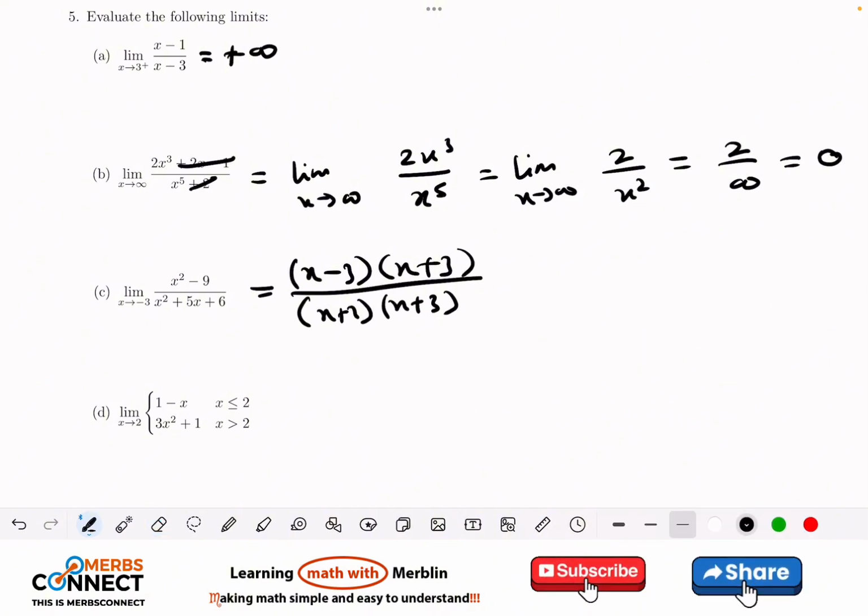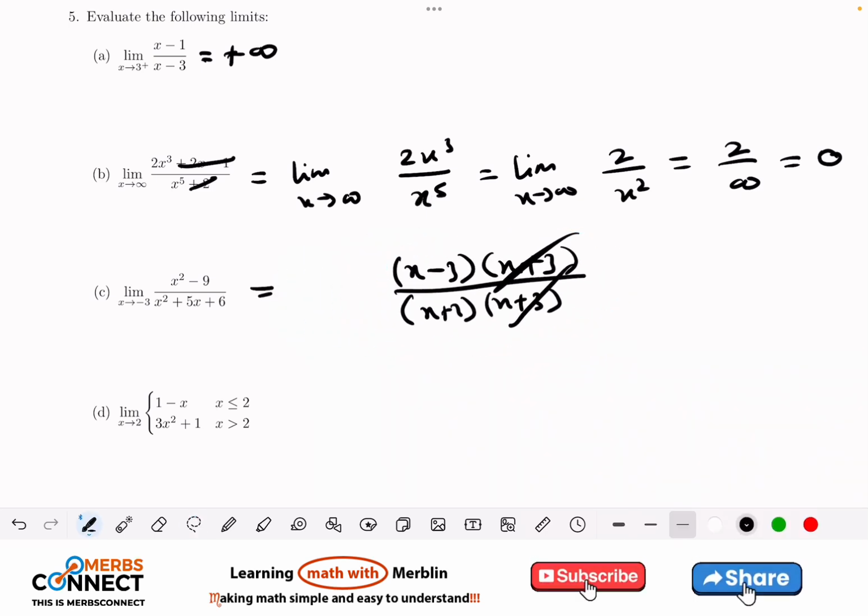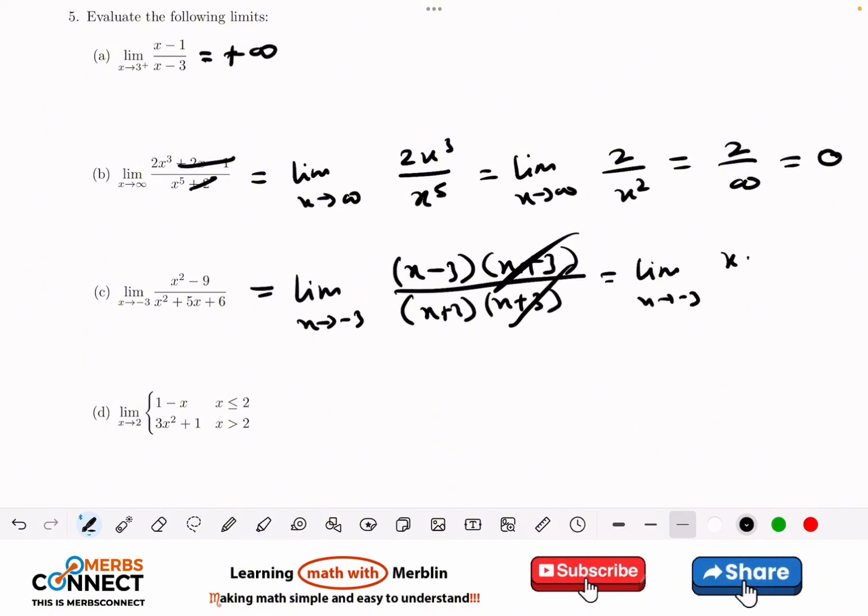Now we can see that this will cancel this, right? Oops, I need to bring the limit. So this is going to be the limit as x is approaching -3 of x minus 3 divided by x plus 2. Now, as I said in some of my videos, when you are done with the simplification, you plug in again and see if it's going to work for you.